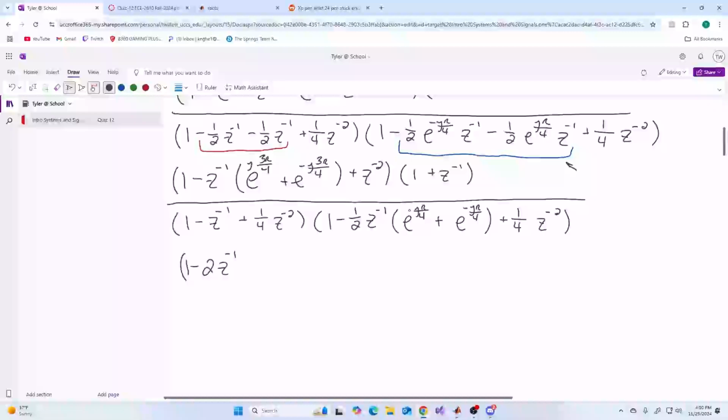I'm going to have e to the j 3 pi divided by 4 plus e to the negative j 3 pi divided by 4 all over 2. Well, this is the same thing. We're in the cosine form. So this is going to be the cosine of 3 pi divided by 4. So I'm just going to write that down. I'm going to get rid of all this.